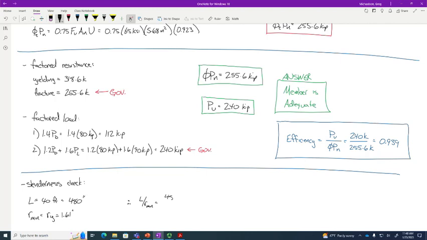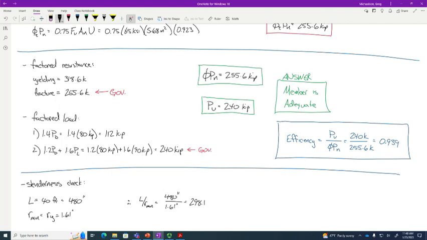So therefore, what is L over r min? It's 480 over 1.61 inches. What is that? I got 298.14. This will be good for our discussion. So what does this mean?